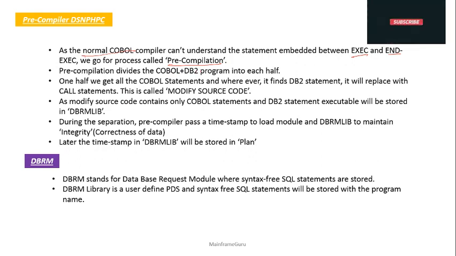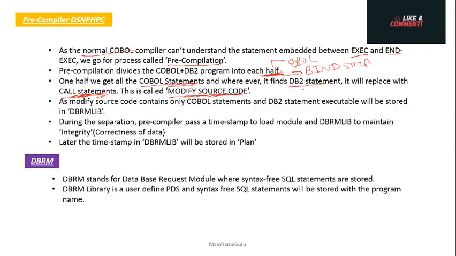Pre-compilation divides the COBOL DB2 program into two halves: one is for COBOL and another is for bind statements. In one half we get all the COBOL statements. Wherever it finds a DB2 statement, it replaces it with a call statement. This is called the modified source code.